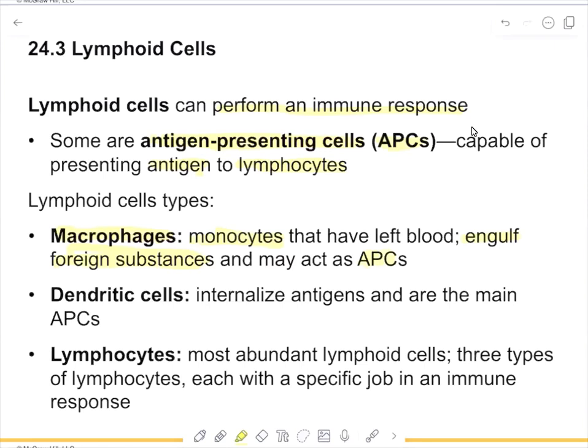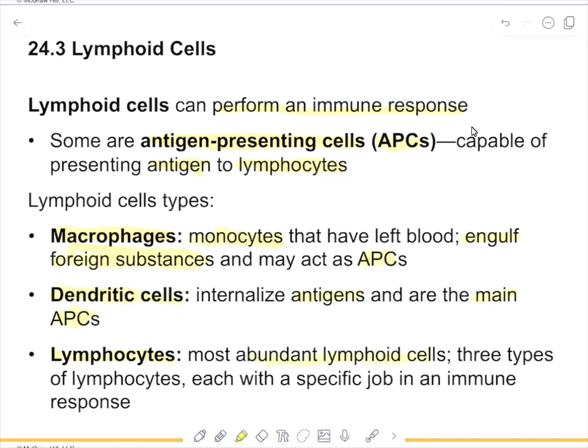The next group of cells are called dendritic cells, and dendritic cells are going to internalize antigens, and they are the main antigen presenting cells. So the first two, the macrophages and the dendritic cells, may act as antigen presenting cells. The last group would be the lymphocytes, and these are the most abundant lymphoid cells.